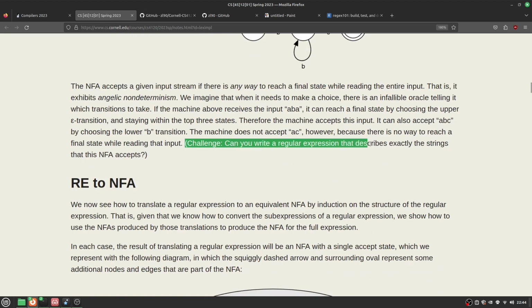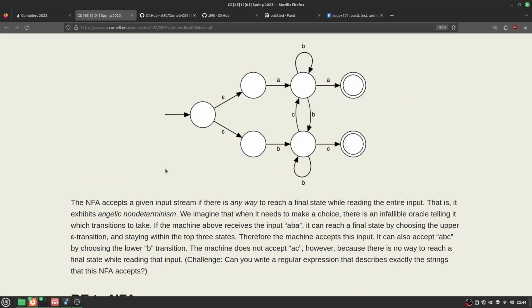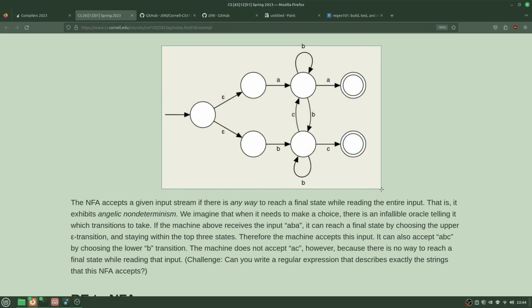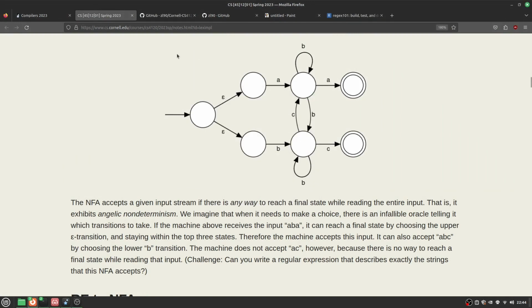Challenge: can you write a regular expression that describes exactly the strings that this NFA accepts? Okay, so let's draw this out. Let's redo that.